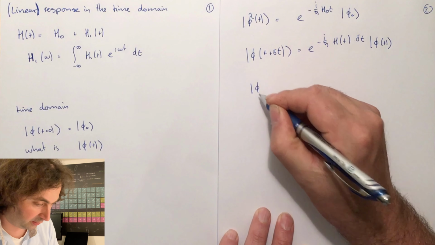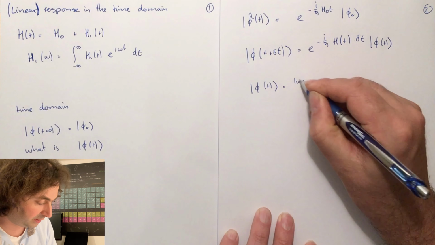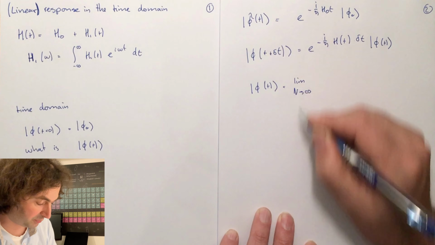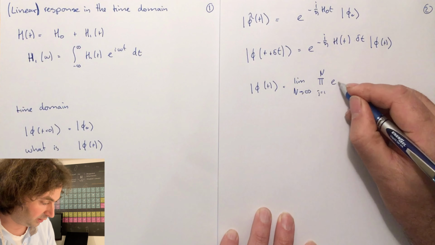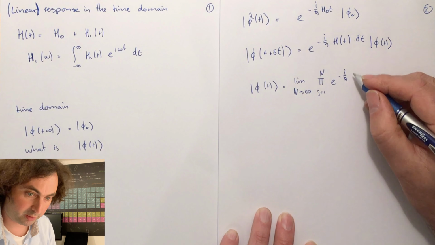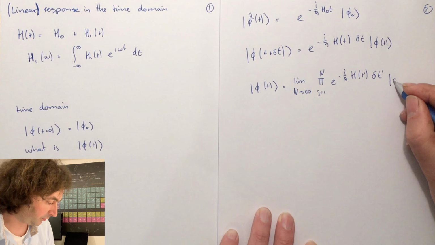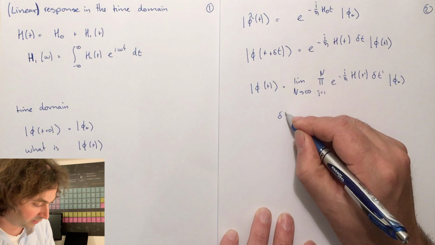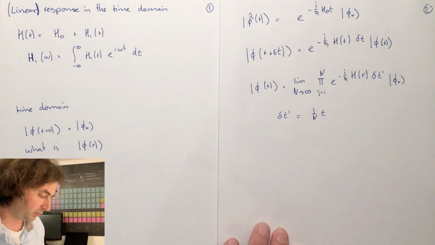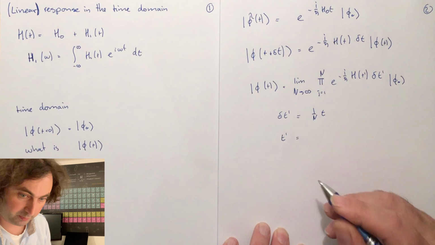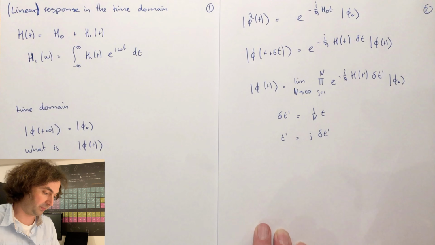Such that if we take an infinite number of such infinitesimal time steps, we have that psi t is the limit of the number of time steps n to infinity, and then a product of e to the minus i divided by h bar, H at t prime, delta t prime, acting on psi 0, whereby delta t prime is 1 over n times the total time that we want to evolve, and t prime is given by j times delta t prime, and we are taking the product over j from 1 to n.